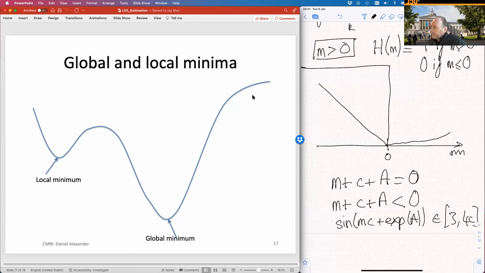So here, for example, if we were to start a gradient descent search from somewhere on the right-hand side of this function, up here, say, it would happily move downhill until it finds the global minimum.